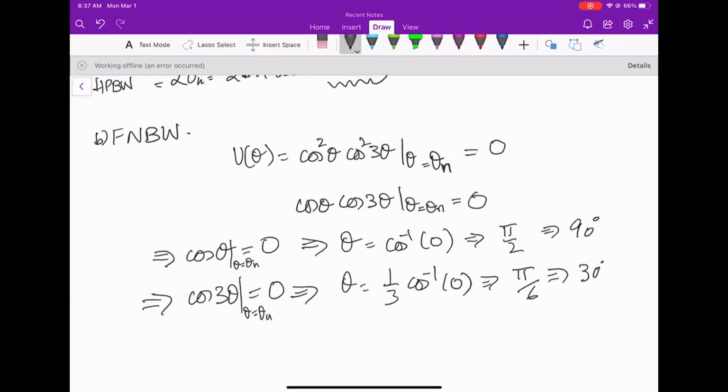Don't you start from theta 0? So you work up to 30 first? Yes, that's right. So 30 degrees is the point where you will take your first null beam width.